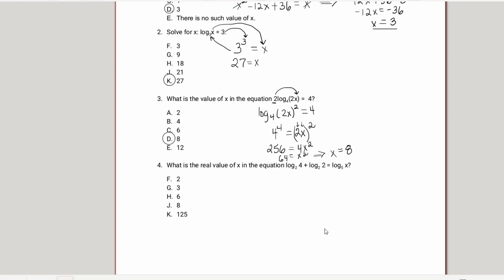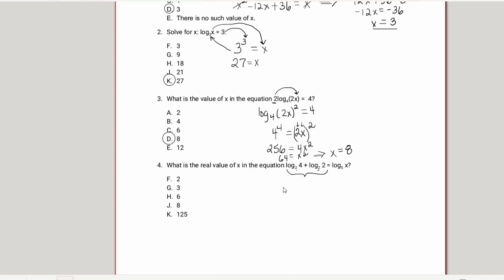Number 4 says, what is the real value of x in the equation log base 2 of 4 plus log base 2 of 2 equal to log base 5 of x? Here on the left-hand side, we can do some condensing because we have the same base of 2.